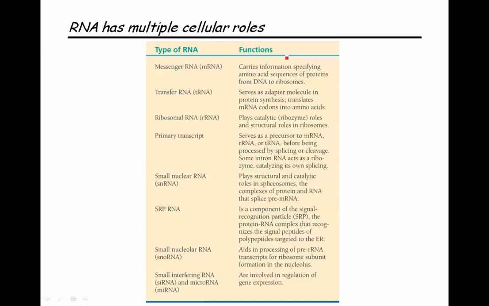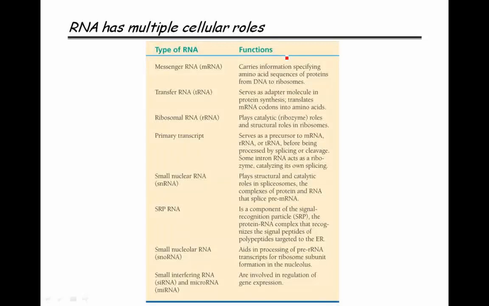This table right here is just a table that's taken out of your textbook. We have talked about almost all of the RNA molecules that you see listed on here. If we just run through them quickly, the messenger RNA was what we actually were sending out to the ribosome. That had the information for making the polypeptide.